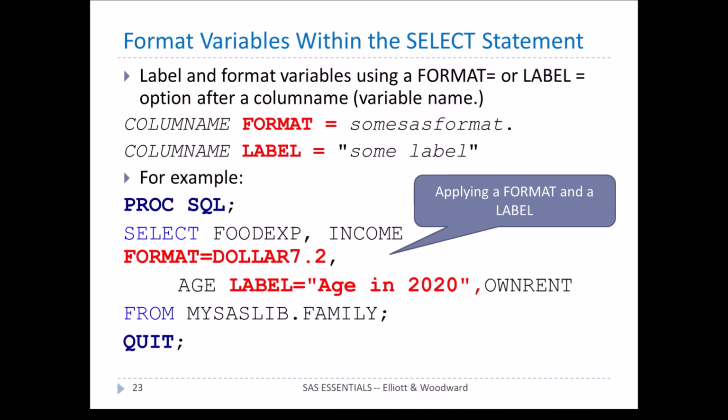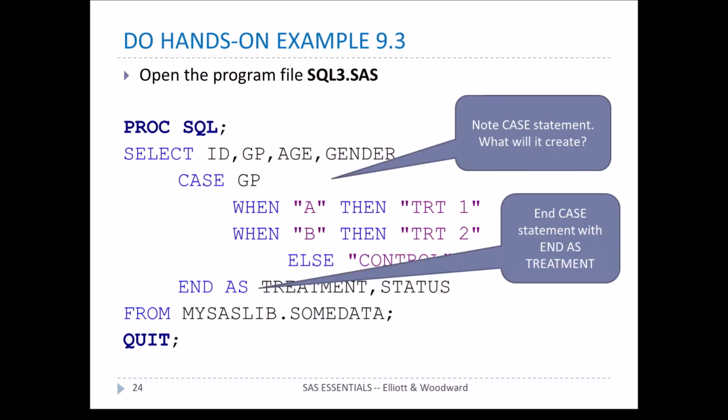So when the income column is displayed, it's going to be displayed using that format. And then there's a comma, which means go to the next column. Age is the name of that column, but we're going to label that column age in 2020. Another way to change the column name as it appears. And then finally, comma, own rent. So we've defined several columns here, and notice each column is separated by a comma.